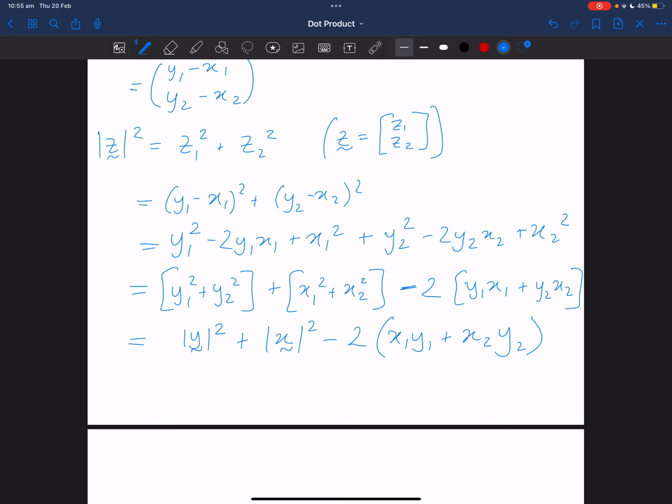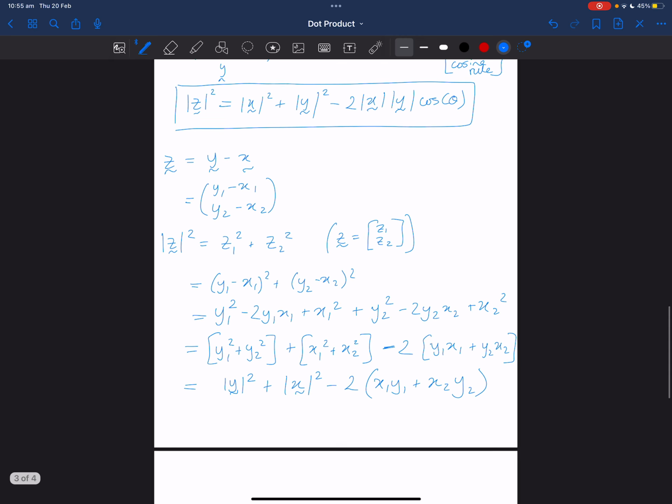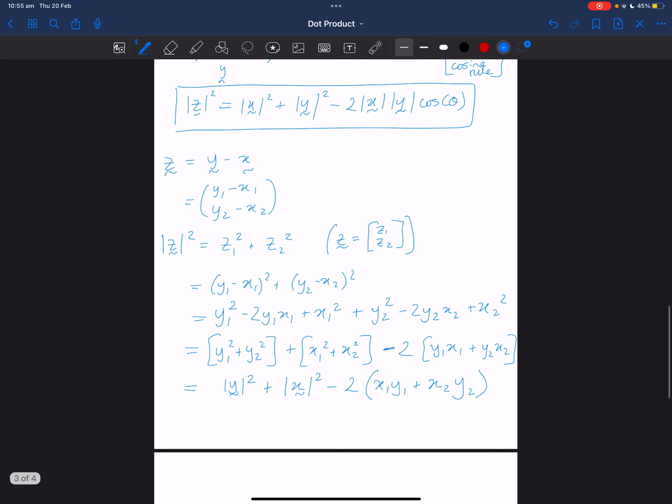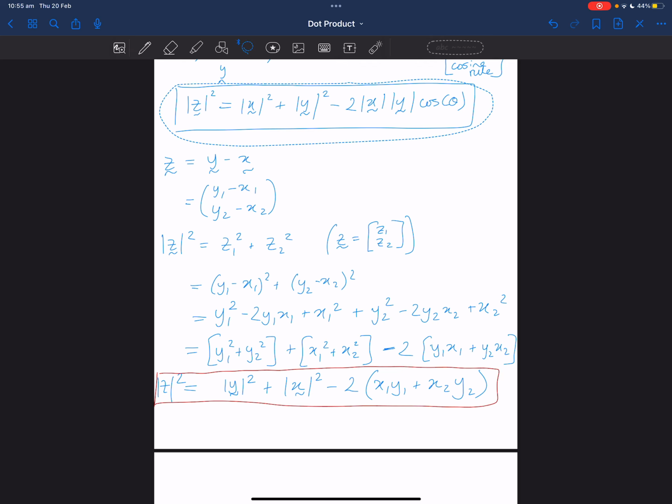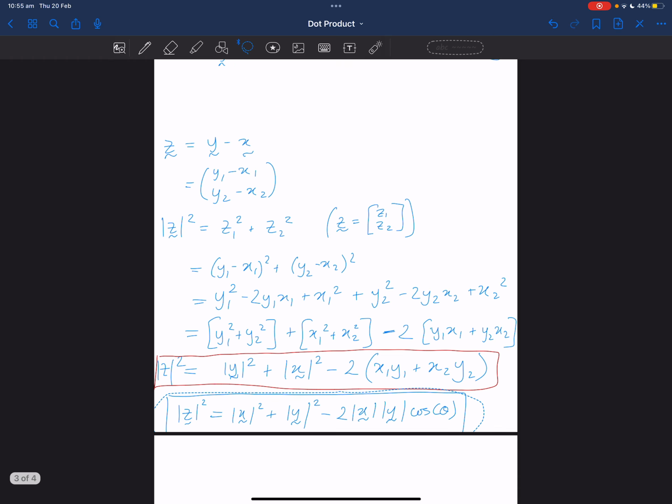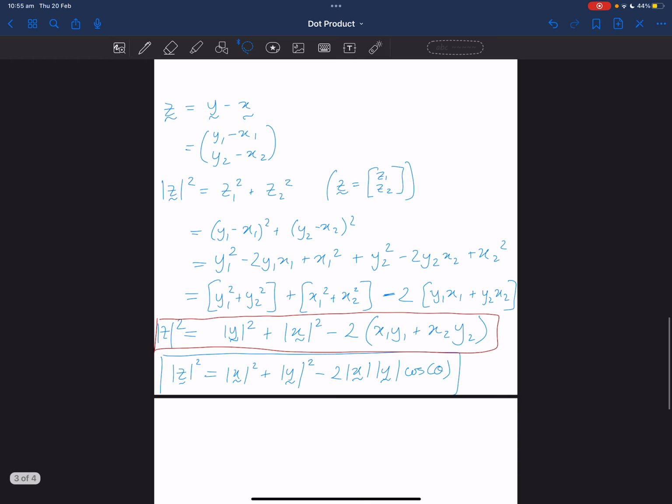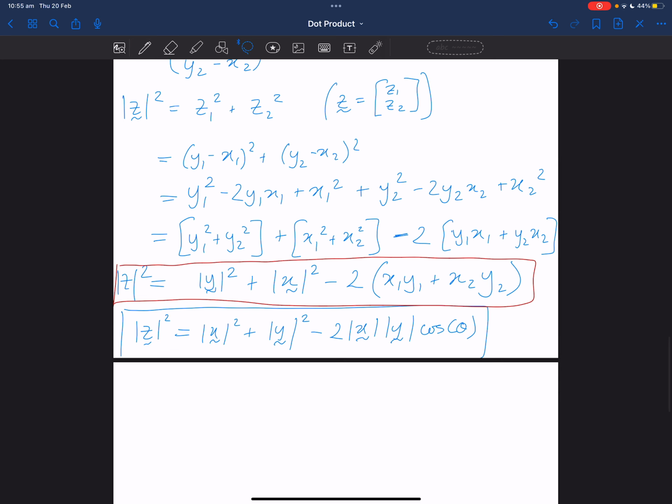Cool, so that was a bit of work, but you might be able to see the point, because now we have two expressions for the modulus of z squared. And to make it super obvious, let me bring them down here. And they are identical. And so if these two expressions are the same, that tells us that these parts of the equation must be equal to each other.